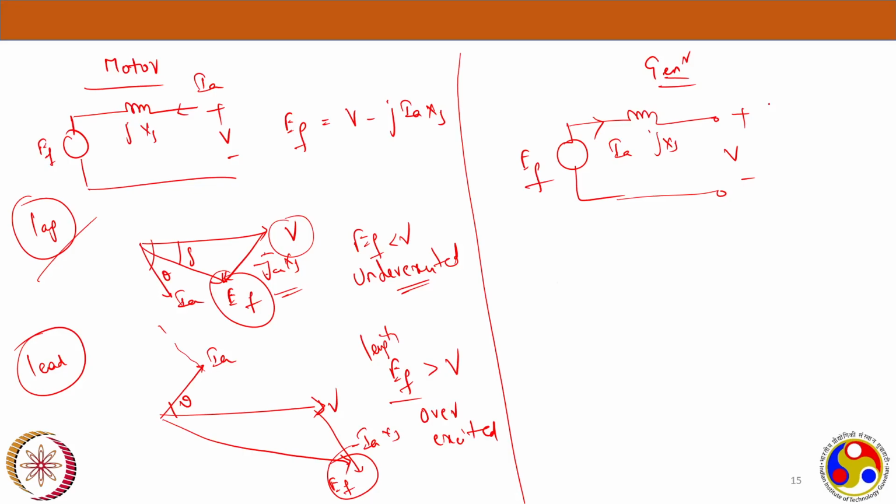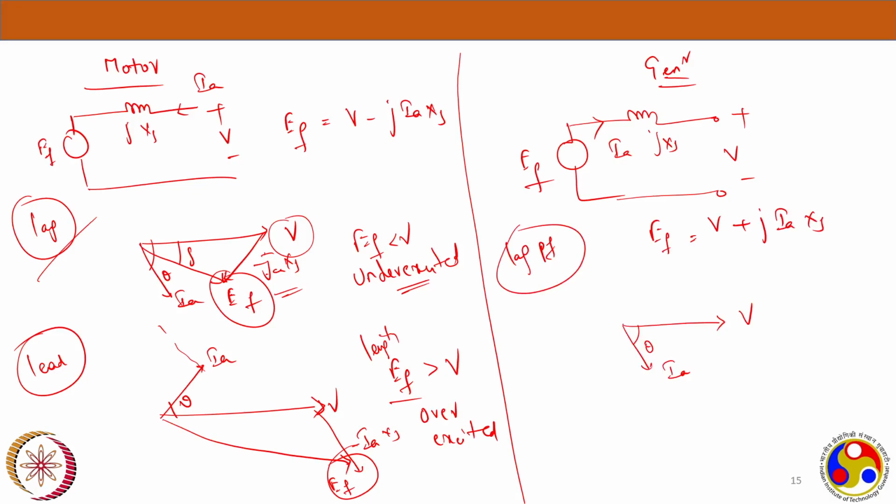Now let's look at the lagging power factor. You have the reference V and you have a lagging power factor. Now IA would be like this, the power factor angle, and you have to add the IA XS drop. So V plus IA XS will be EF.